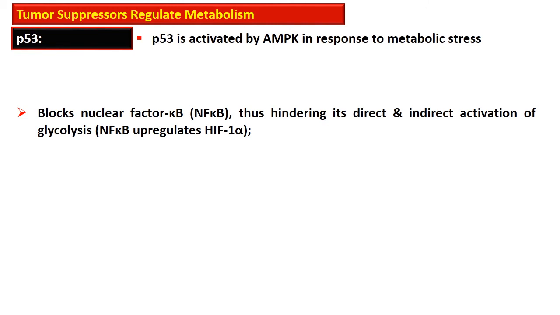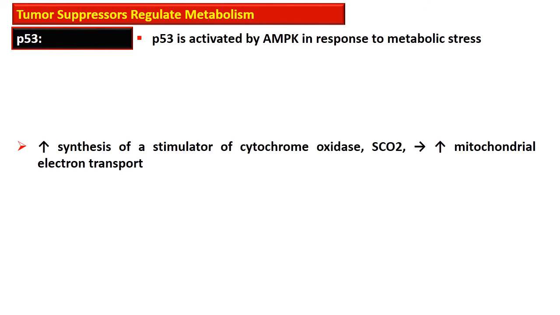It blocks nuclear factor kappa B, thus it hinders its direct and indirect activation of glycolysis. The nuclear factor kappa B also upregulates hypoxia-inducible factor alpha 1.